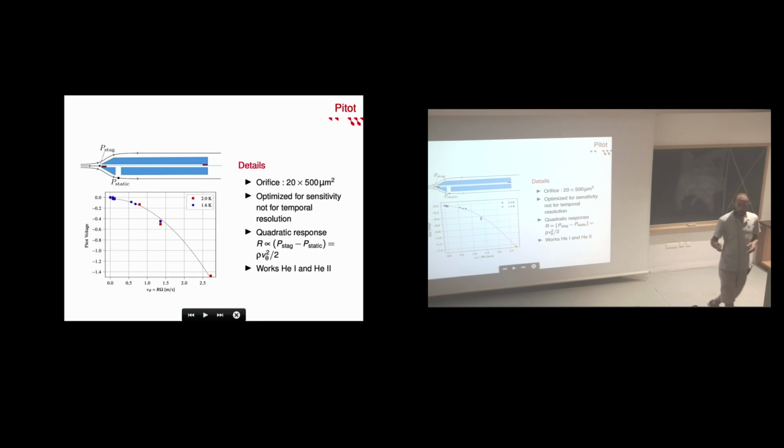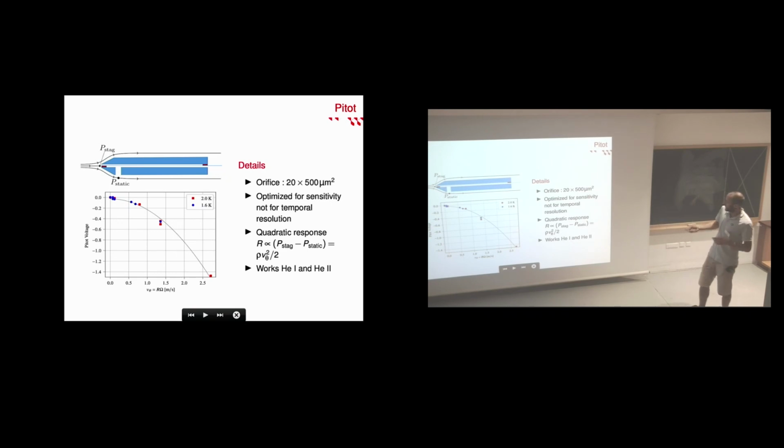We also have a homemade pitot-like device. I don't have a photo, sorry, but the principle is as usual. You measure the difference between the stagnation pressure on the top cavity here and the static pressure on the bottom cavity using a membrane. This time the deflection of the membrane is measured with a capacitor bridge.